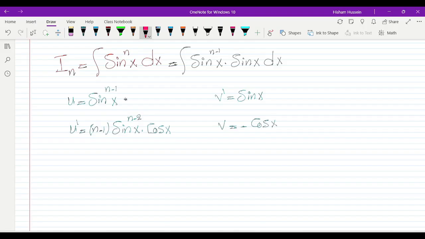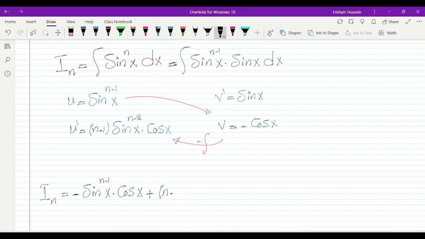The integral now would be u times v minus the integration of u dash times v. So the integral I_n is u times v, this negative sine to the power n minus 1 x times cosine x. Then negative, negative, it's positive, n minus 1 is a constant factor, take it out, integration of sine to the power n minus 2 x, cosine times cosine, this cosine to the power 2 x dx. Cosine squared, we can replace it by 1 minus sine squared x.